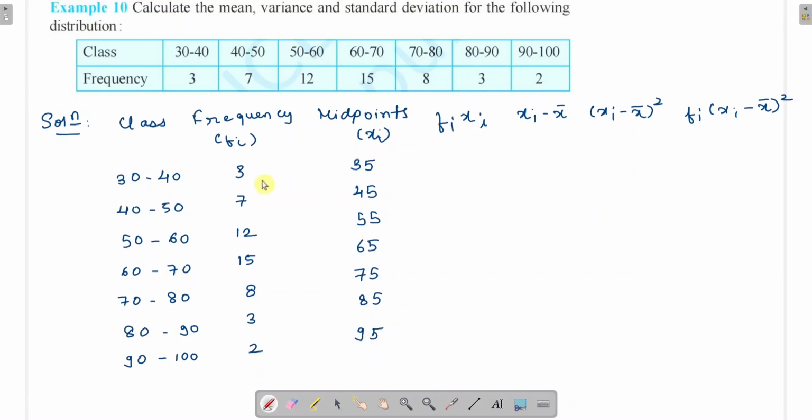Then fi xi. So 3 times 35: 3 times 5 is 15, 3 times 3 is 9 plus 1 is 10, so 105.